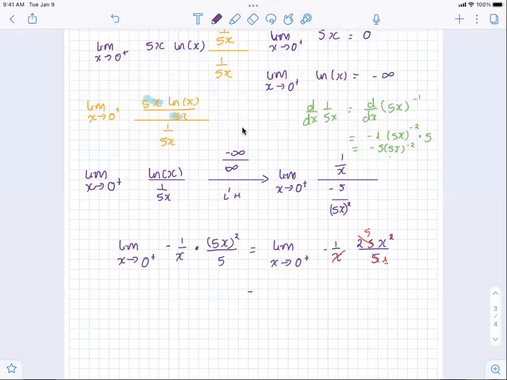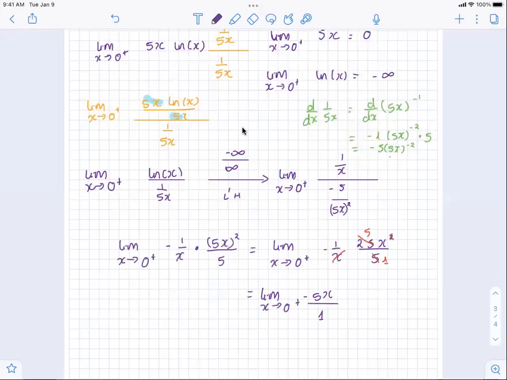So that is the limit as x approaches 0 from the right-hand side of 5x divided by 1, and don't forget the negative there. So we're going to carry that out.